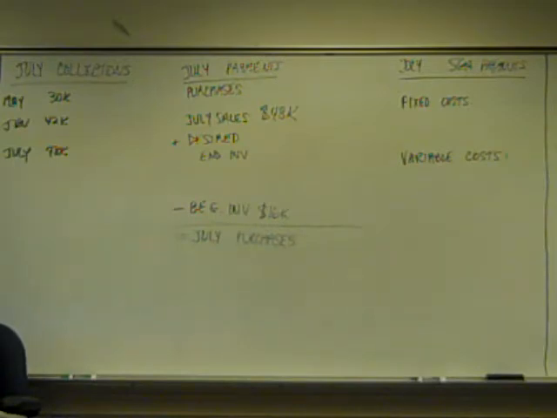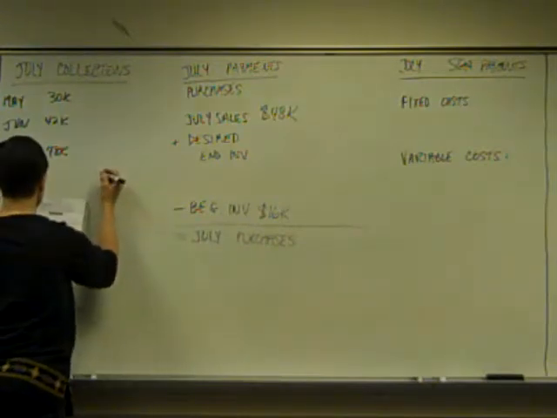Some of you kept trying to put that in the cash budget. It's uncollectible. You're not going to collect it. It doesn't affect cash. It's part of your sales, but that's going to become bad debt expense and an allowance for bad debts, no cash involved.